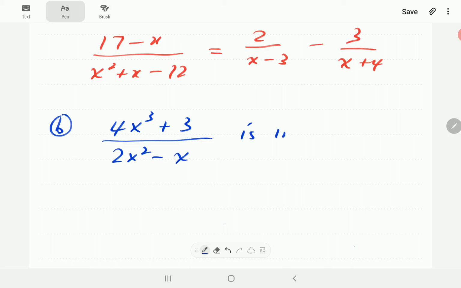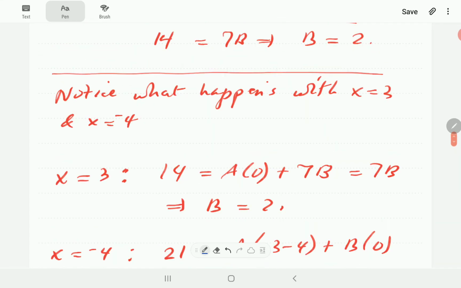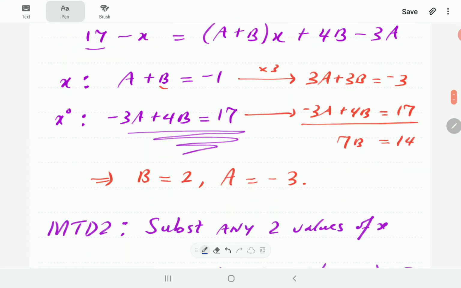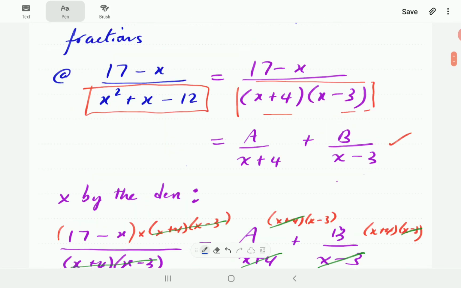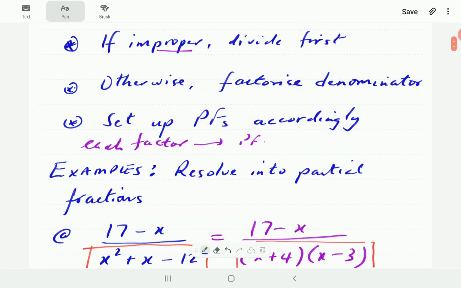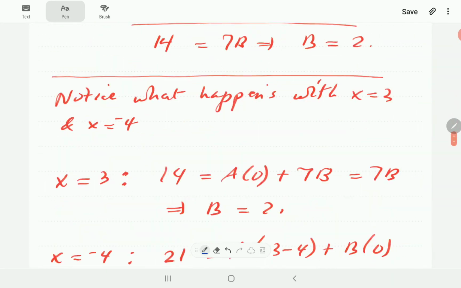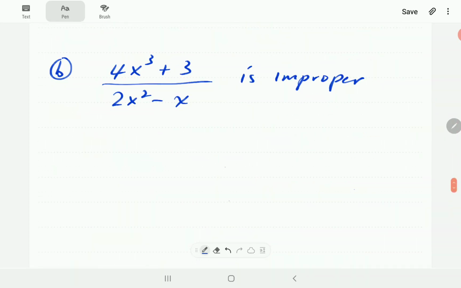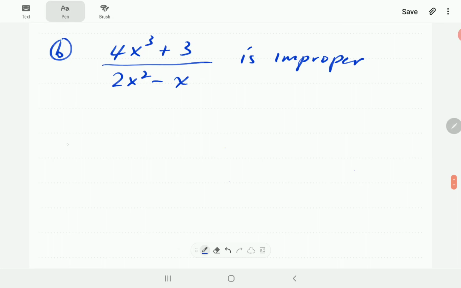So this rational expression is improper. What that means is that we need to divide first according to the guidelines that we set up here. So we're going to divide this using long division.